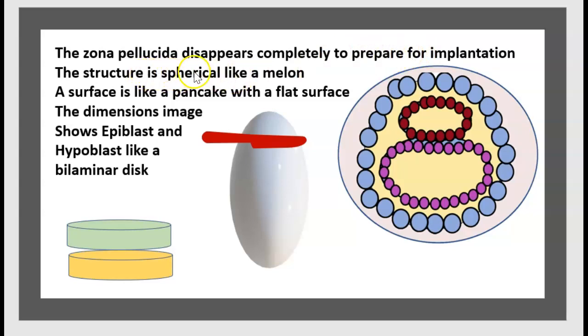The structure is spherical like a melon. A surface view is like a pancake with a flat surface. The 3-dimensional image shows epiblast and hypoblast like a bilaminar disc.